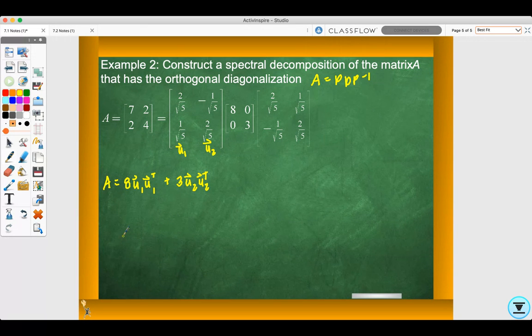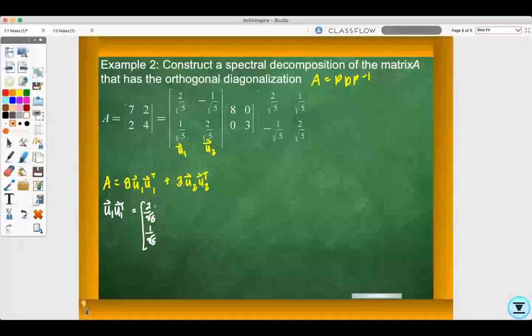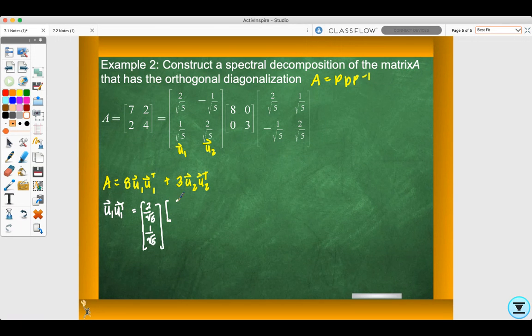So what I'm first going to do is find U1 times U1 transpose. And that would give me 4/5, 2/5, 2/5, 1/5.